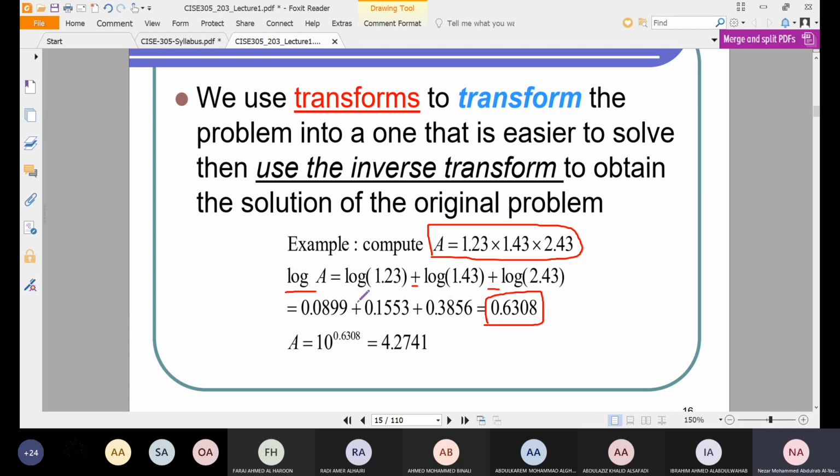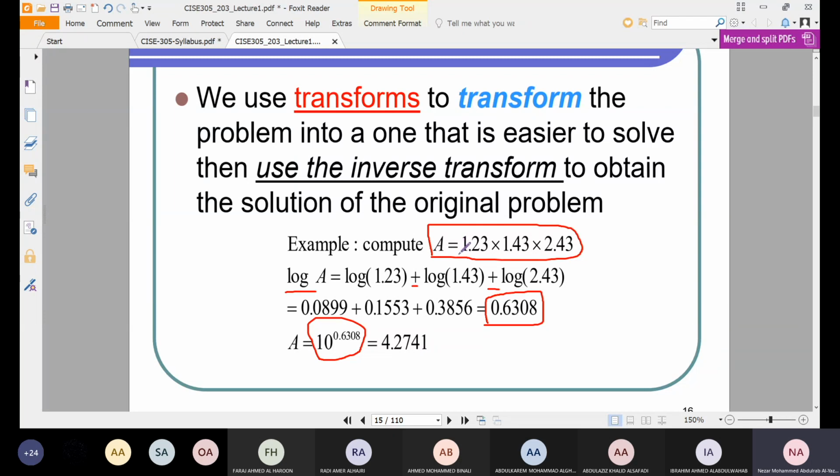After that, as with Laplace, we use the inverse because we want to get the solution for the original problem. Here also, we apply the inverse of the log. The inverse of the log is the exponential. So I apply the exponential here, the inverse of the log, and we get the solution of the original problem.